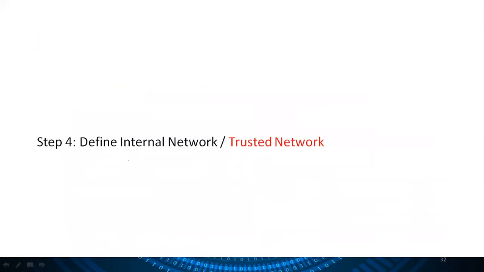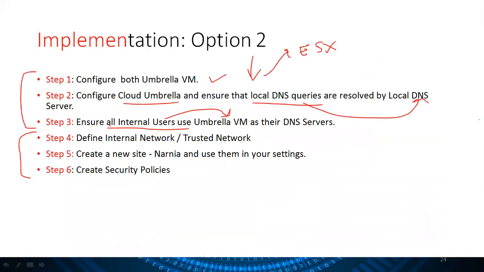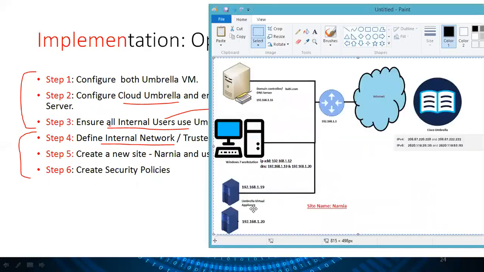So 3 steps are completed as I promised. These steps are very easy, and the 4th, 5th, and 6th steps lay the foundation of the policies. In the 4th step we define the trusted network. If you look into the topology, my topology is a very flat network.